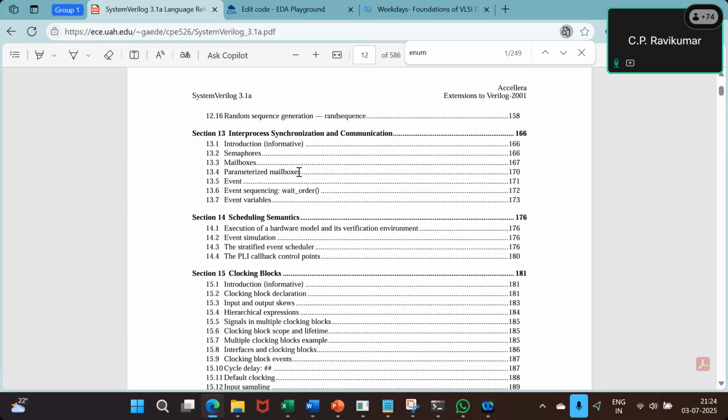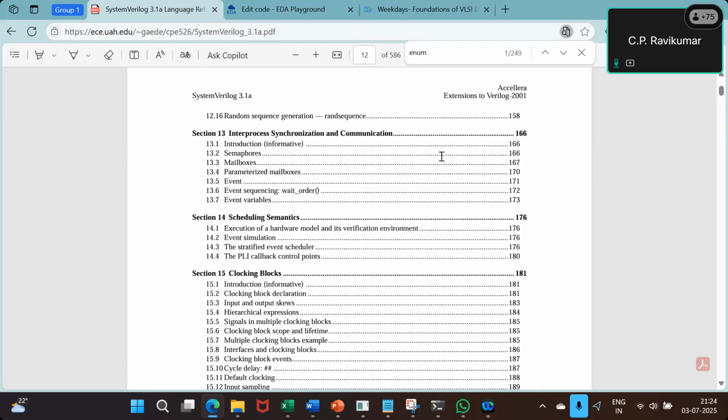I don't know what parameterized mailboxes are, but there are at least two others, semaphores and mailboxes. Okay. So we could try doing the same thing with semaphores and mailboxes also. Okay. So if you are doing it on mailboxes, then you could declare all these guys as separate modules.